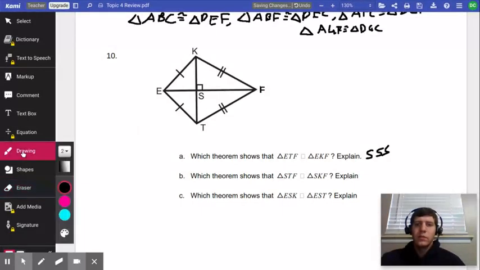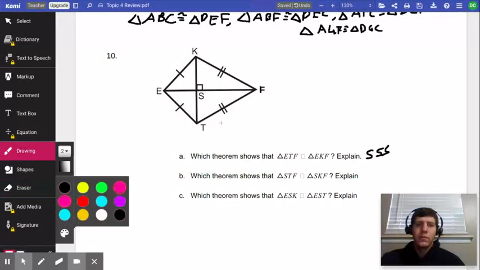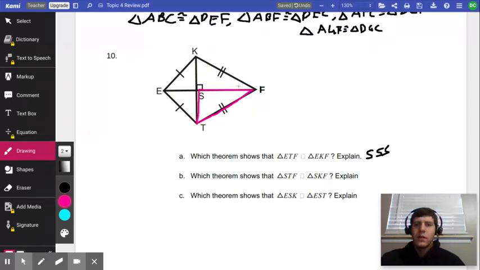Okay, says which theorem shows that triangle STF and SKF. Definitely don't want to use black there. Let's pick a better color. Okay.